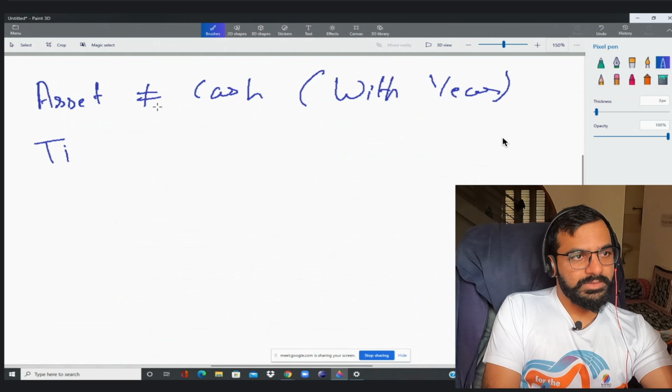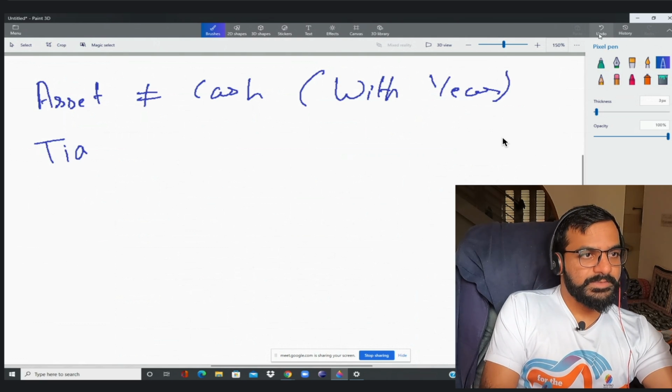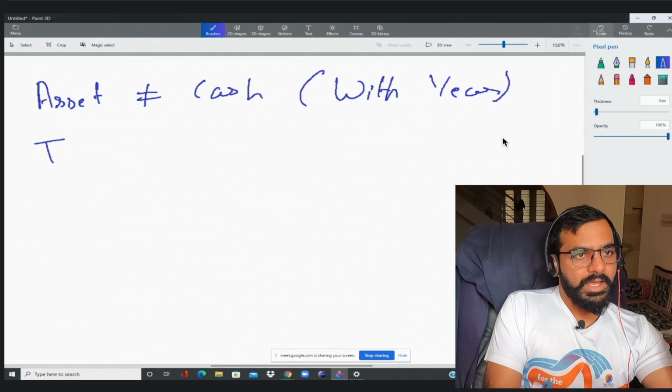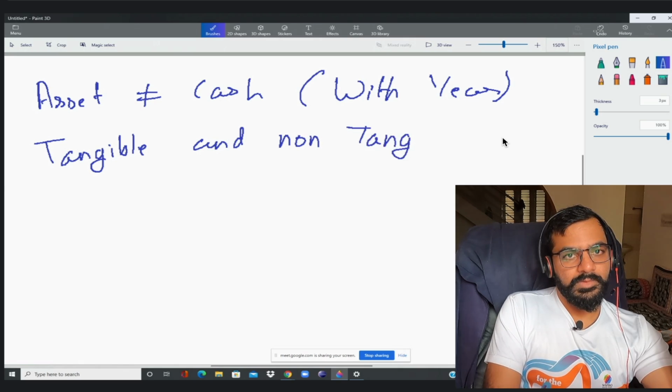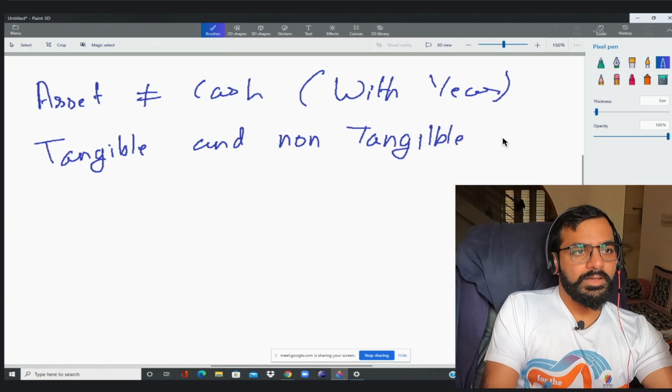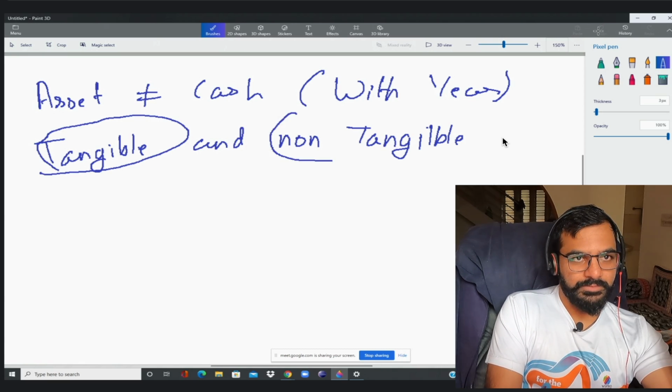That is tangible assets and non-tangible assets. Okay. What is tangible, if anyone knows the word? Just an English word.